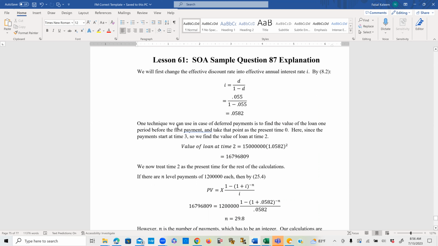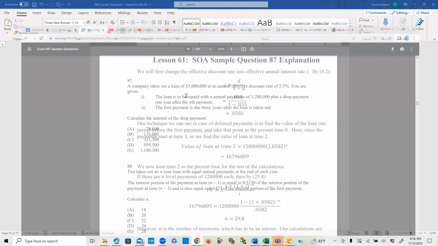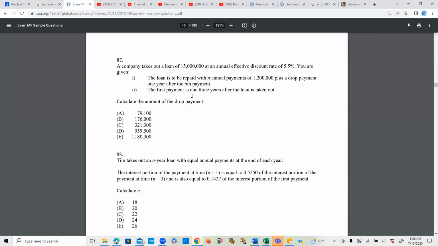Now, the payments here are deferred because they are not happening right away. The first payment is due 3 years after the loan is taken out.